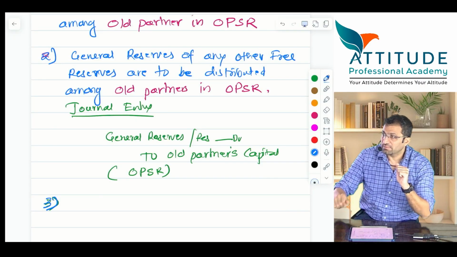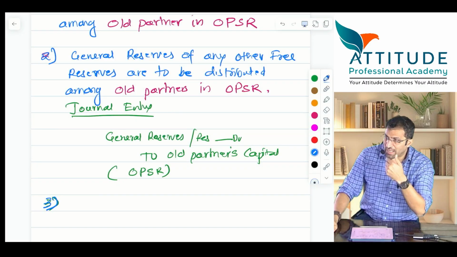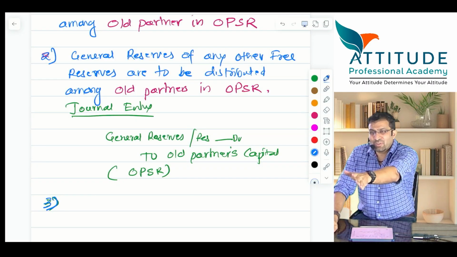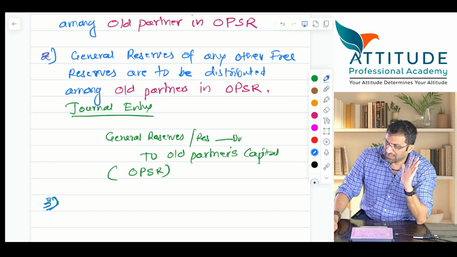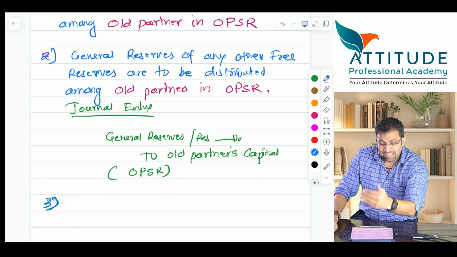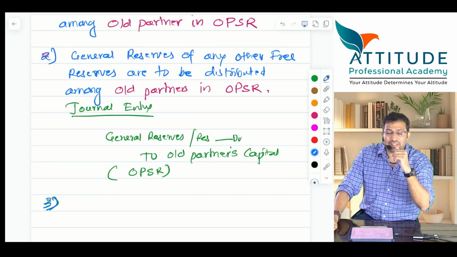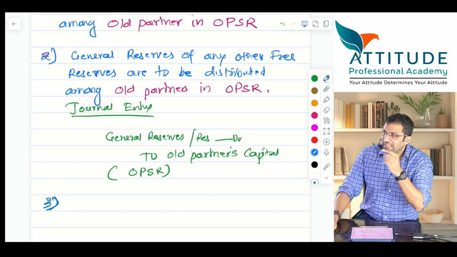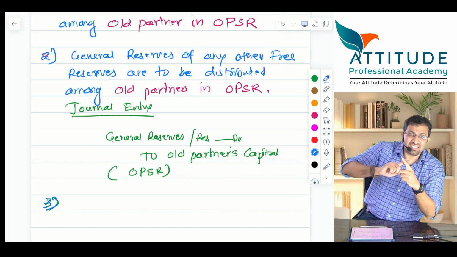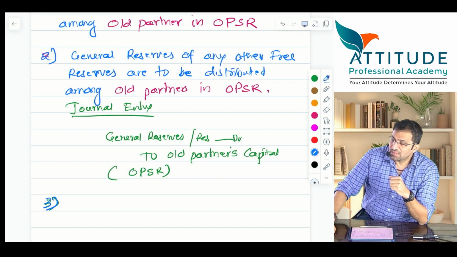I'll say, I'll join. But what am I telling you is, please revalue your assets and liabilities. Reason is, today I am joining. What is the value of the land today? Is it 10 lakhs or definitely more than 10 lakhs? More than 10 lakhs. Let us say the value of the land is 50 lakhs.